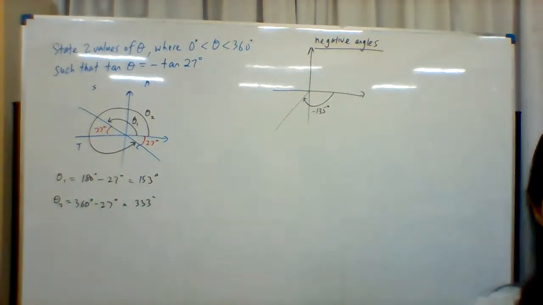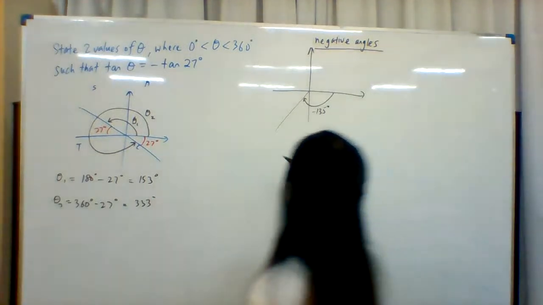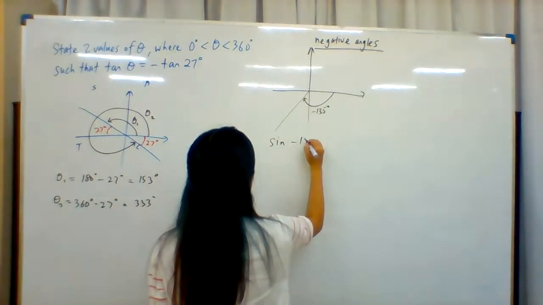Okay or not? For negative angles, you have to start that way. So now instead of it being in the second quadrant, it's in the third quadrant. Right? And then if let's say they ask you to find your sine, cos, and tangent for this angle, you still write as normal.